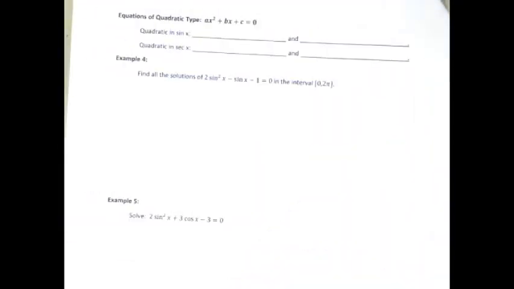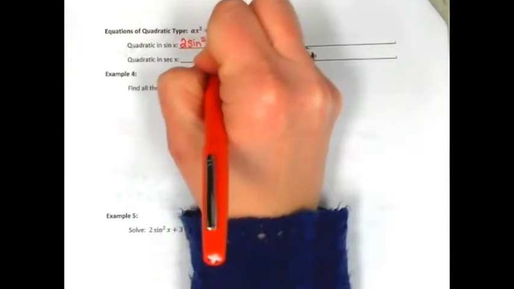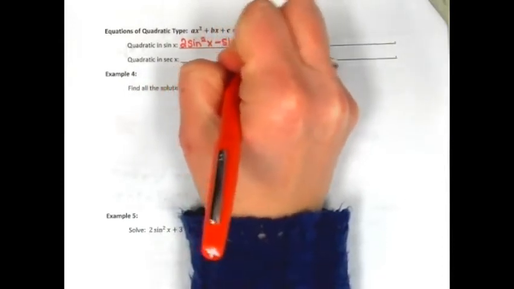Let's look at just plain quadratics. We did a quadratic one there with the cosine squared. Remember, quadratics are ax squared plus bx plus c, okay? A quadratic in sine x is the same thing as 2 sine squared x minus sine x minus 1 equals 0.